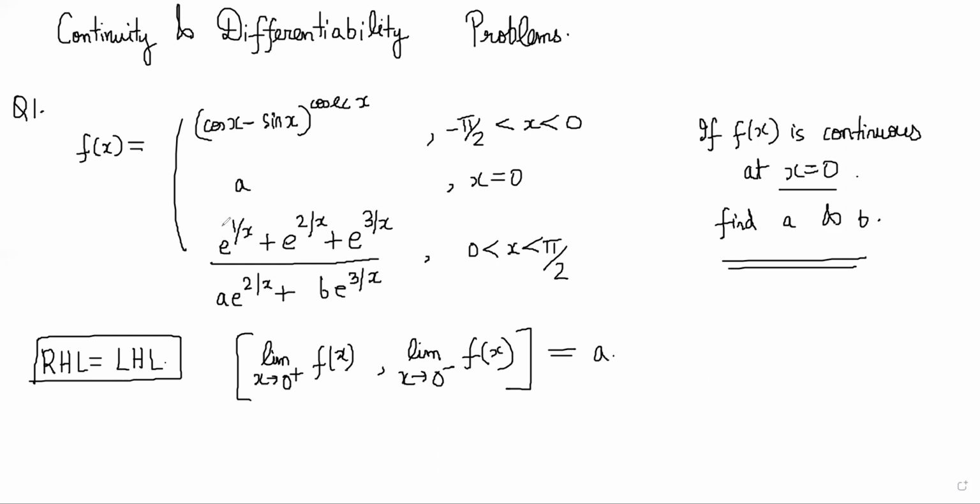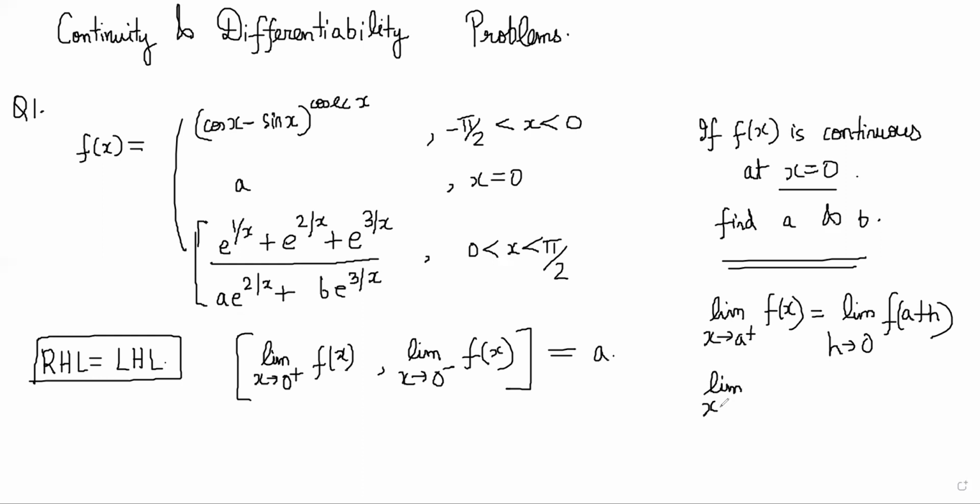I will find RHL first. Try to find this RHL. Remember that whenever you have to do the limit of x tends to a plus, you can write it as the limit of h tends to 0 of f of a plus h. If you have to do a minus, then you'll do f of a minus h.